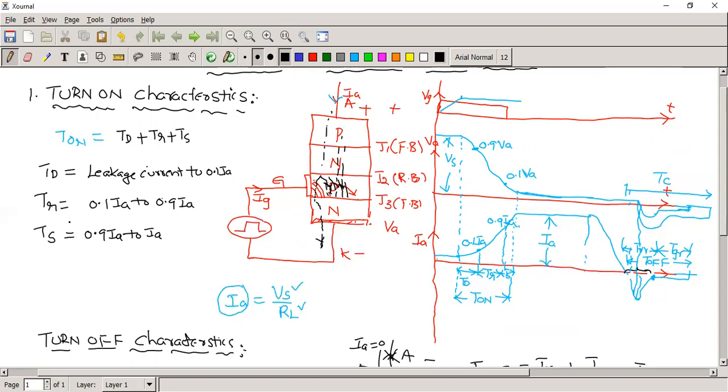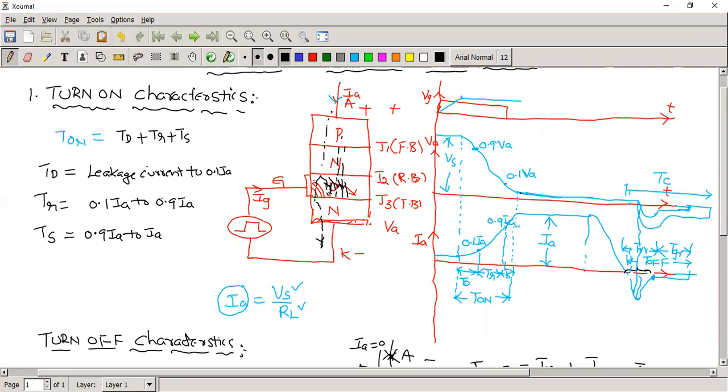Rise time is the time taken to change the anode voltage from 90 percent to 10 percent of the anode voltage. Spread time is the time taken to change from 10 percent of the anode voltage to the on state voltage drop.